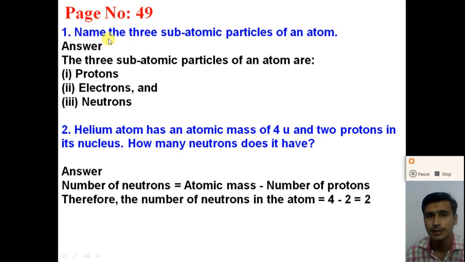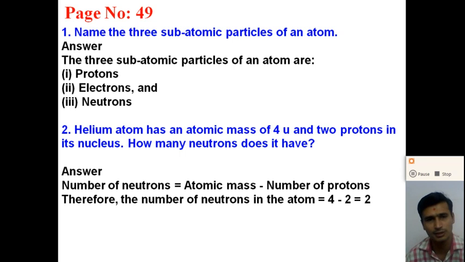Question number 1: Name the three subatomic particles of an atom. The three subatomic particles of the atom are protons, electrons and neutrons. Dear student, we know that protons and neutrons lie in the nucleus, and the electrons are revolving around the nucleus in specific orbits.